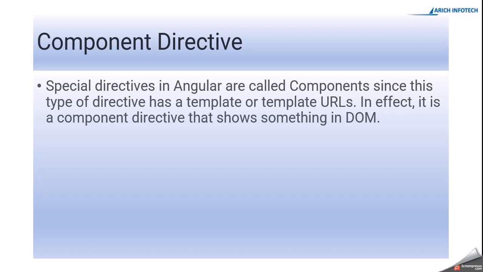Suppose we create an HTML file. Through data binding, I think you know that we can handle the content of HTML through the TS file. Which content we want to show on the HTML, we can direct through the TS file. So for the TS file we use the @Component directive.